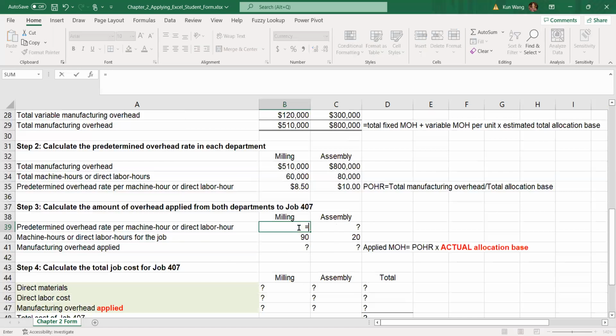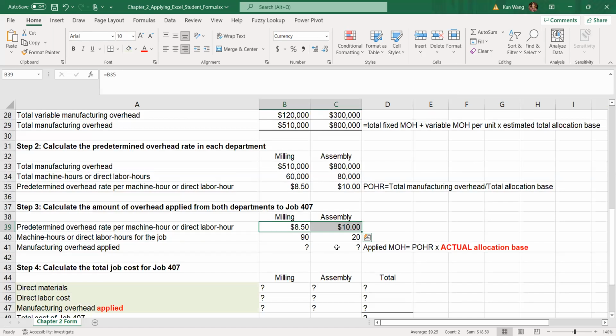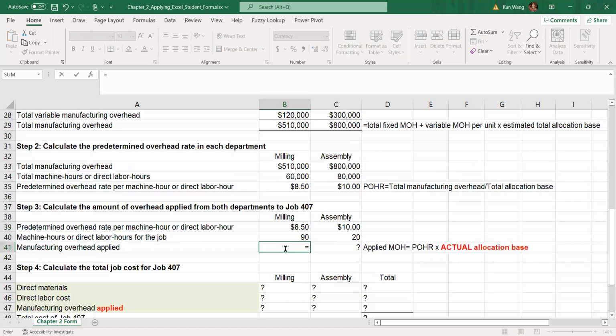So with the rate, I will just do a reference and then drag it to the assembly. Okay, so 10. And then the total overhead applied, be careful, applied overhead is the multiplication of the estimated rate with the actual allocation base.